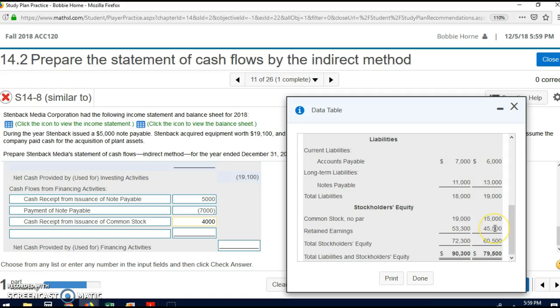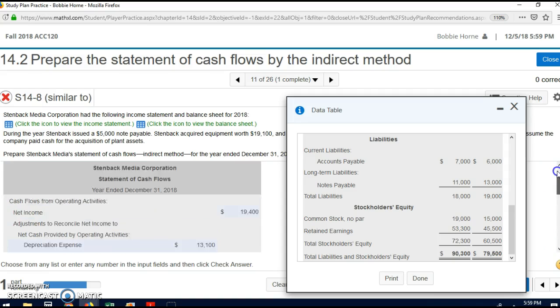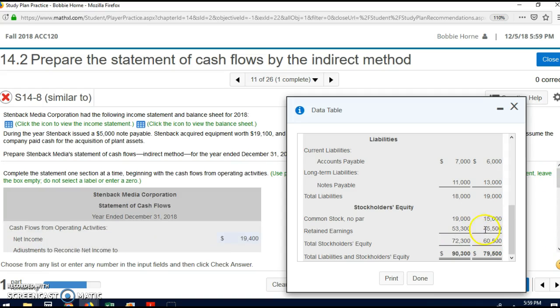Now dividends. Let's look at retained earnings. The change in retained earnings is not the same as net income. If retained earnings would have gone up $19,400, then we wouldn't have given dividends. But the change is very small here.